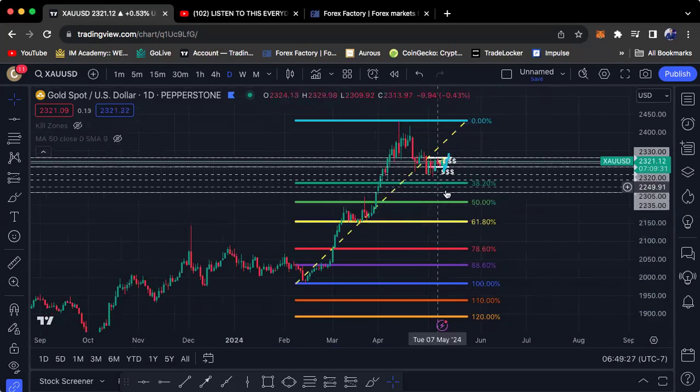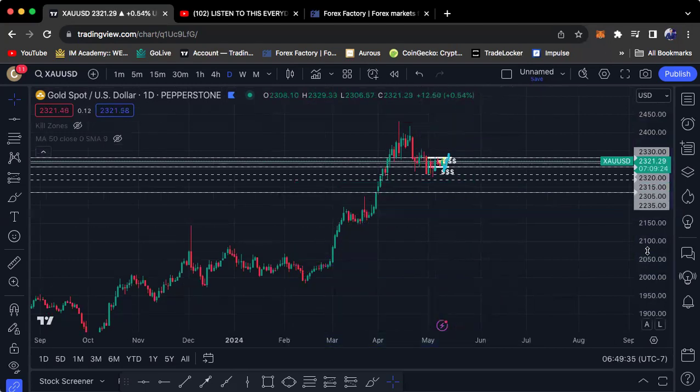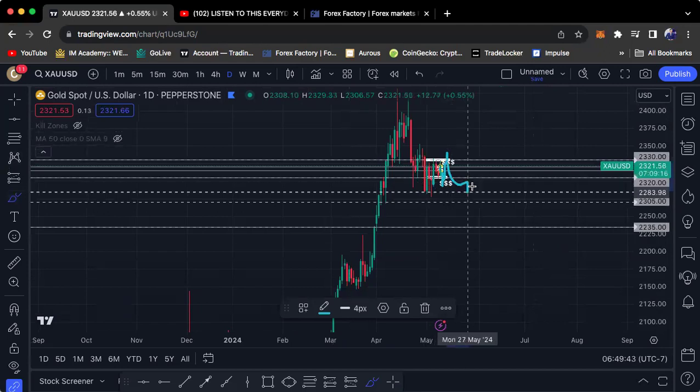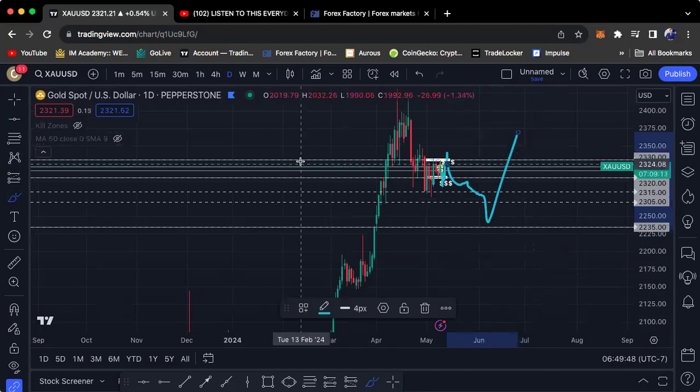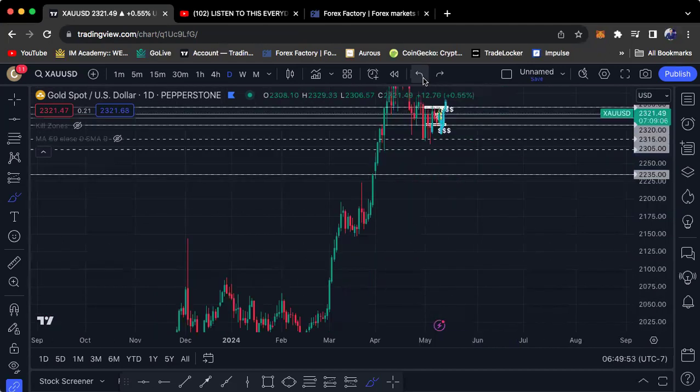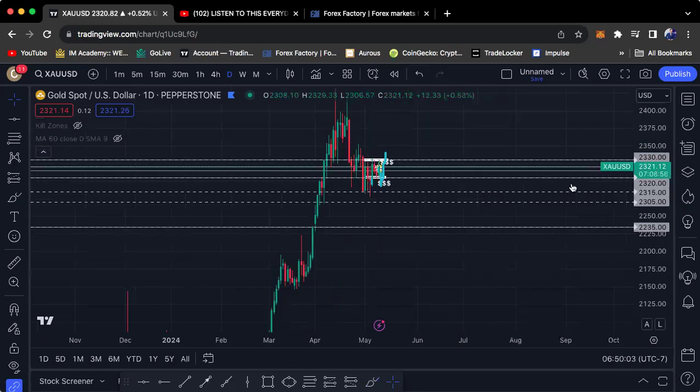So yeah, this could be a retracement right here. It's gonna come down, right? And then boom, shoot up. That's gonna take time. So yeah, buy at 2235.